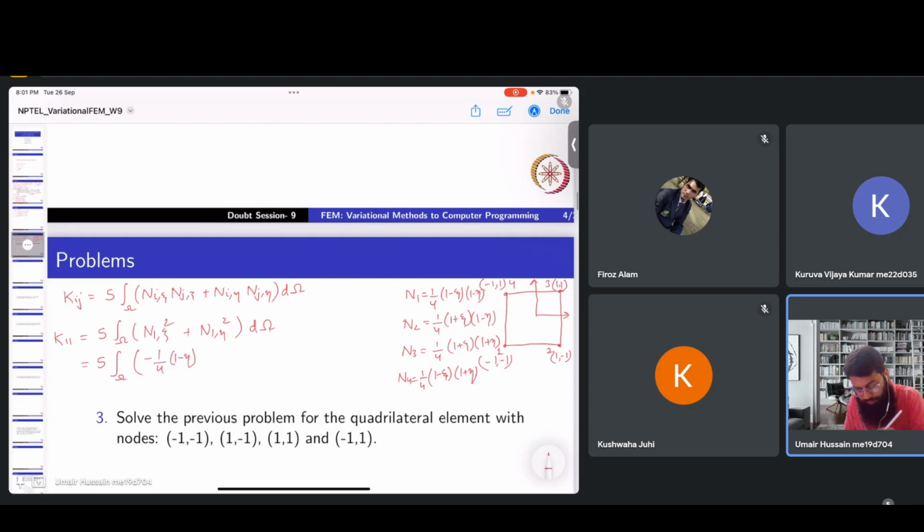And this thing is squared. Then we have the derivative of n1 with respect to eta, which is minus 1 by 4 times 1 minus xi, squared.